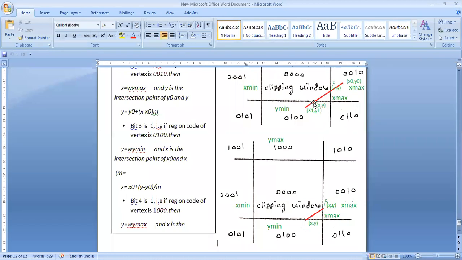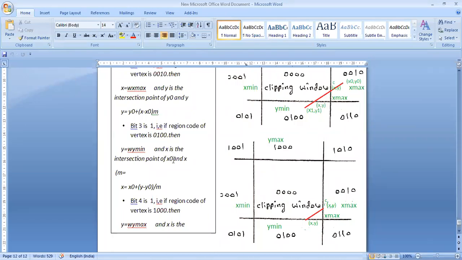If it is towards the right side or the left side, x I can directly get. If it is towards the right side, x should become x max. If it is towards the left side, x should become x min. And y you will calculate by y naught plus x minus x naught into m. On the same lines, if something is below or above, I will directly get y. If this is below, my y becomes y min.